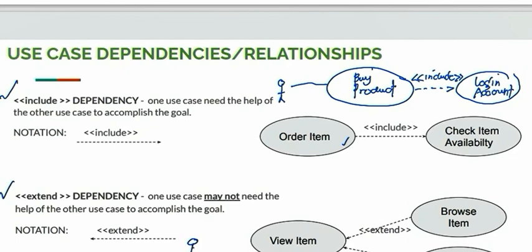When a user triggers to view an item, he or she has the option whether to browse the item, or to just search the item immediately using the search box. So there is an alternative course of action. It doesn't necessarily mean that these two use cases should be accomplished first in order to complete the base use case. So that's how you use the extend dependency.